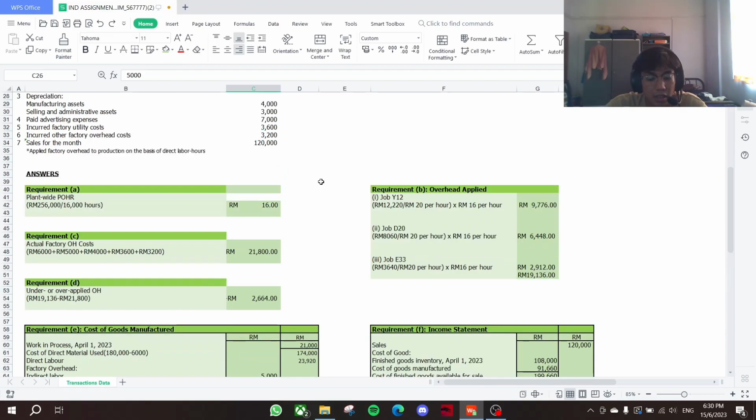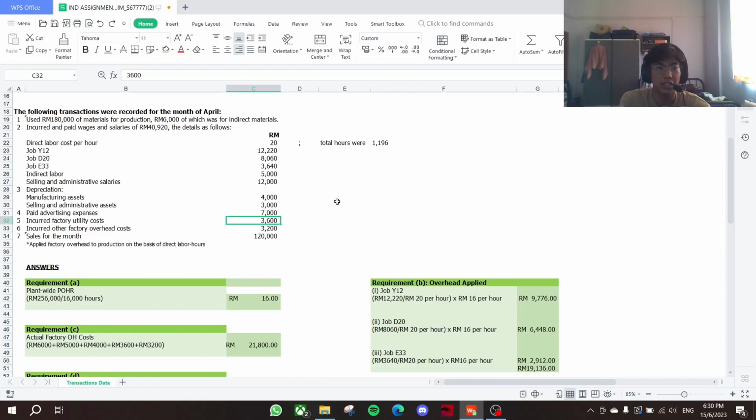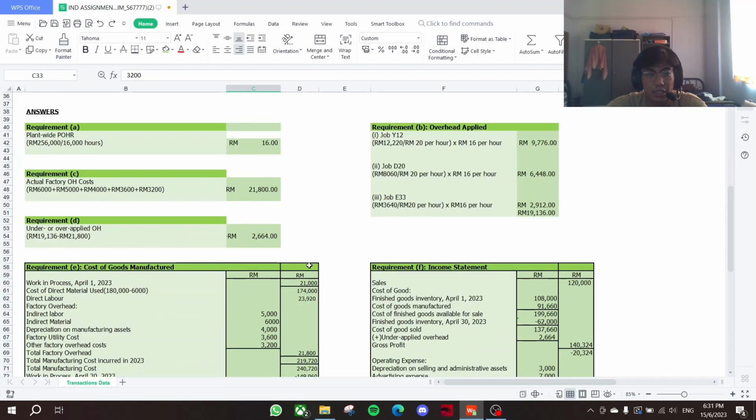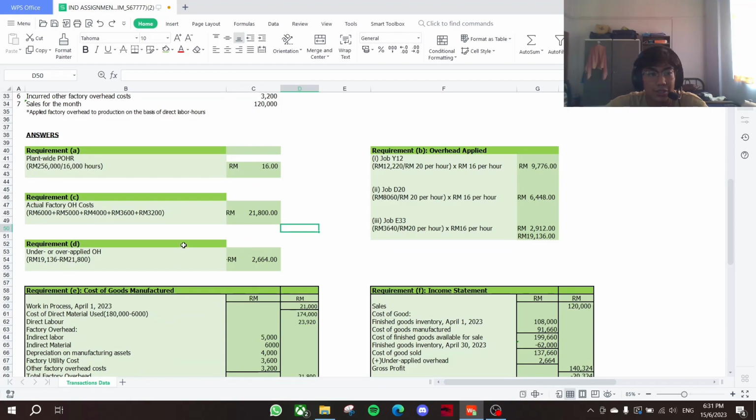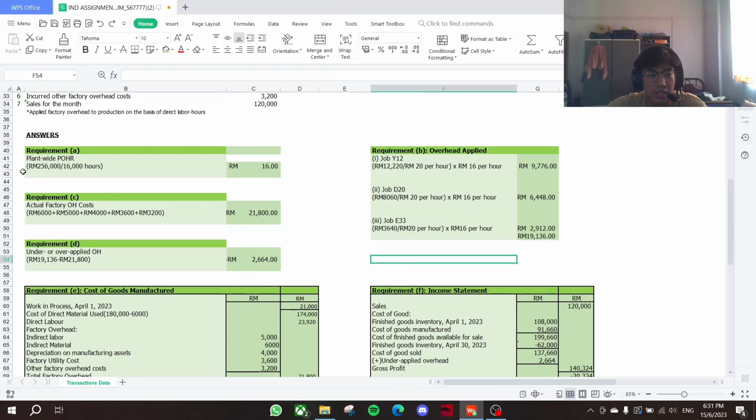And then we go to depreciation on manufacturing, which is 4,000, and then 3,600, which is the incurred factory utility cost, plus 3,200, which is the incurred other factory overhead cost. So the total of the actual factory overhead cost is 21,800 ringgit.